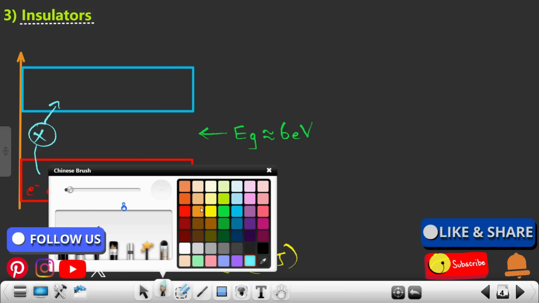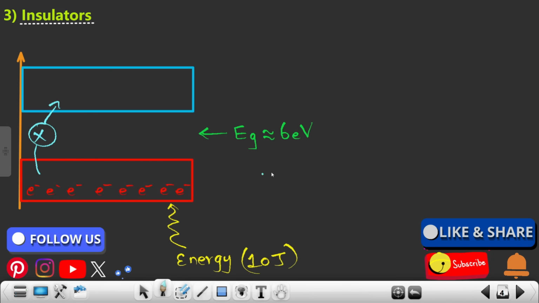That's why, if I'm applying a certain voltage to wood, the wood won't allow the current to pass through it, or rather it won't allow the electrons to flow through it. Why? Because of the electrons of the wood, in the conduction band of the wood, or you can take any other insulator, maybe glass, maybe diamond.